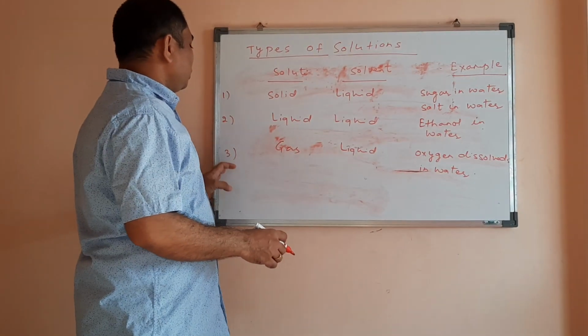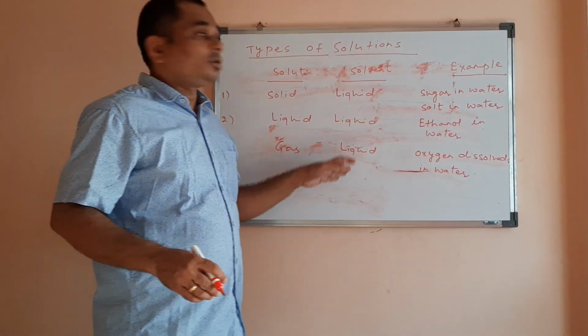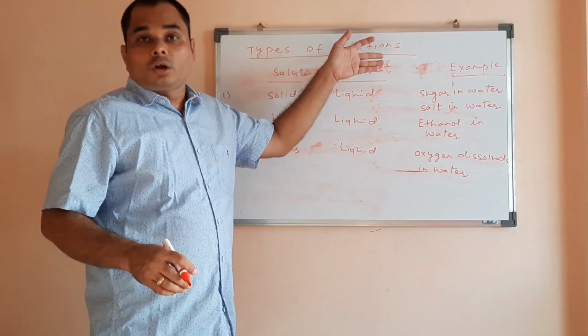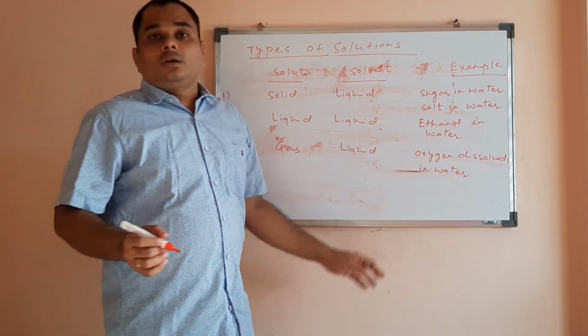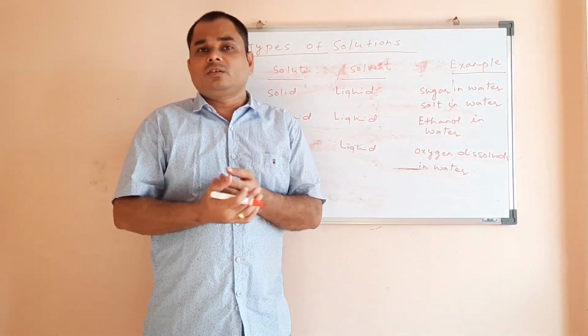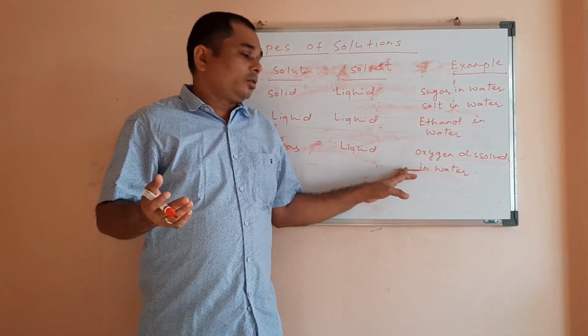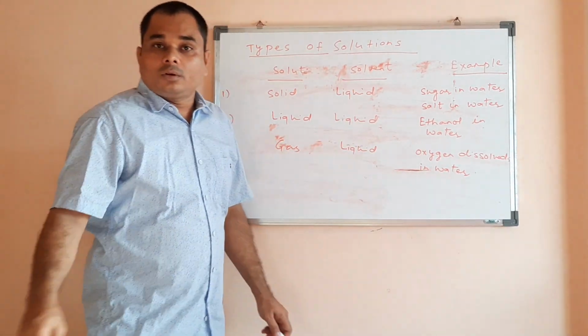Then the third type of solution can be gas as the solute and liquid as the solvent. We know that oxygen is dissolved in water, which sustains aquatic animals like fishes and many other aquatic animals that we know. So these are three types of solutions.